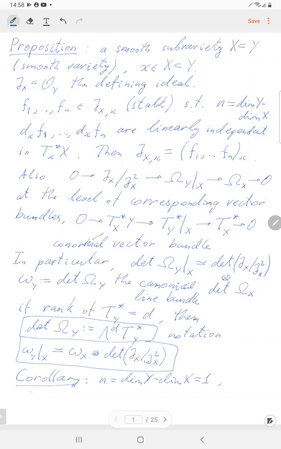So X is a smooth divisor in a smooth variety Y. Then this formula for the canonical line bundles is called, in this case, the adjunction formula.